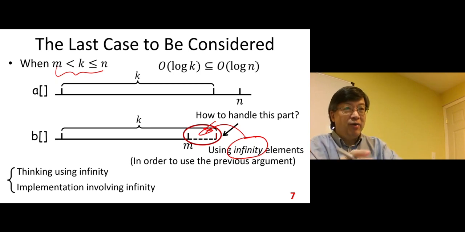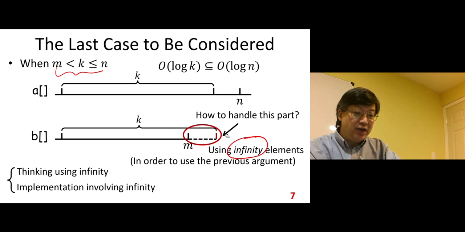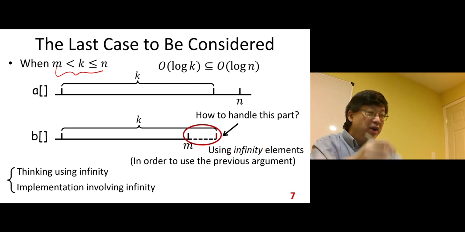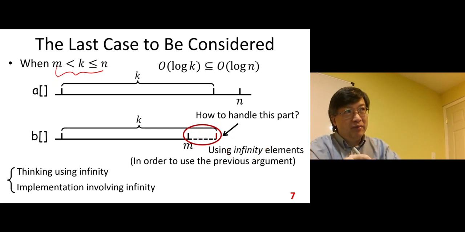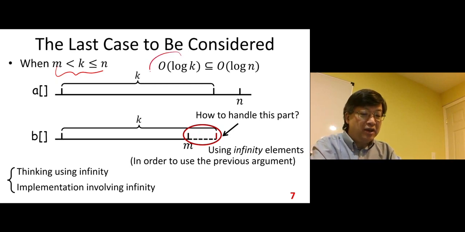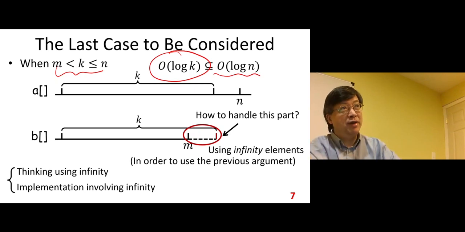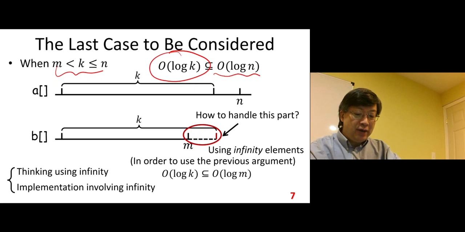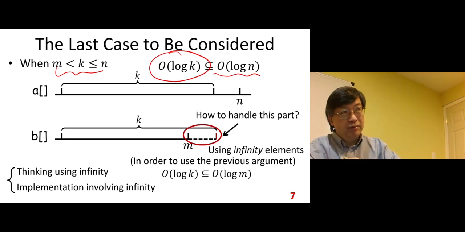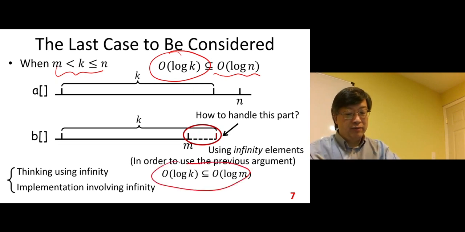Then when we do that way, you can see based on our first part analysis, we get big O of log k. So that is in this category, big O of log n, at least less than that, right? And in the first general case discussion, we have the minimum of m and n.